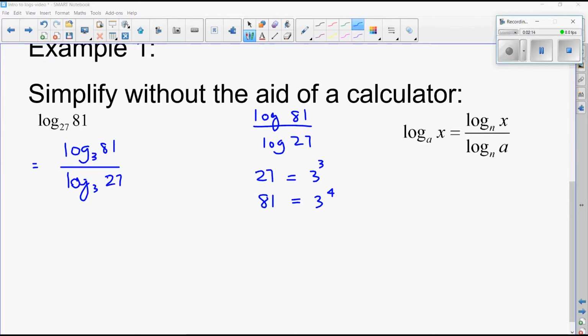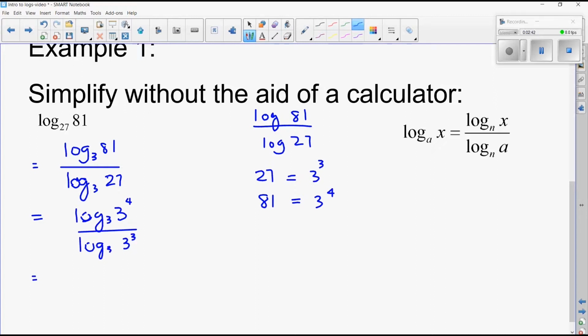So I have already prime factorized the numbers 27 and 81. So I'm going to rewrite this as log of 81 to the base 3 will be log of 3 to the 4 to the base 3 over log of 3 cubed to the base 3.